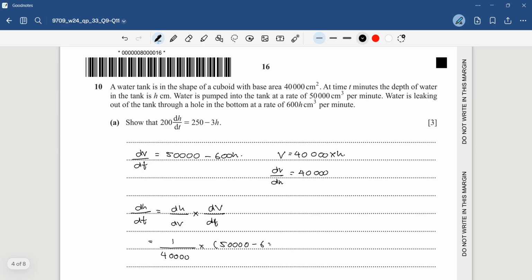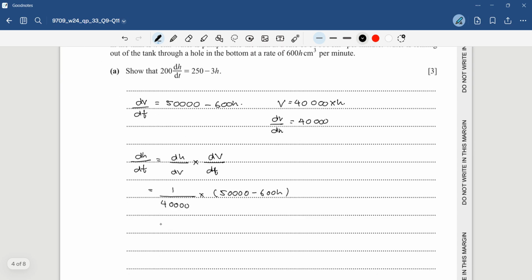50,000 minus 600h. So you can factorize 200 outside. So 200, and if I factorize out, it will be 250 minus 3h over 40,000.